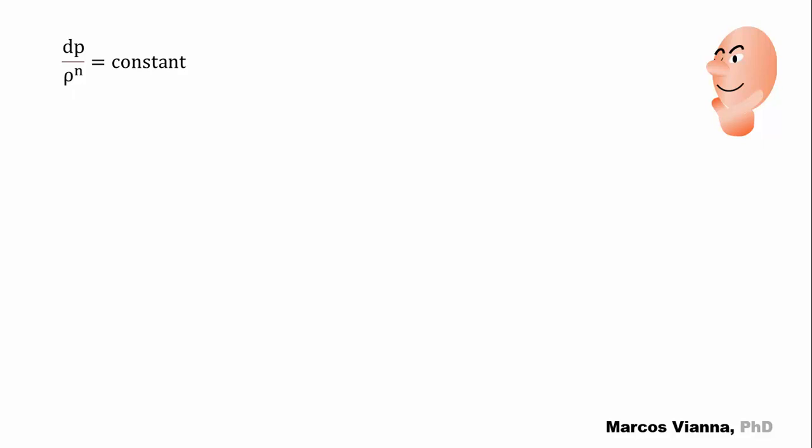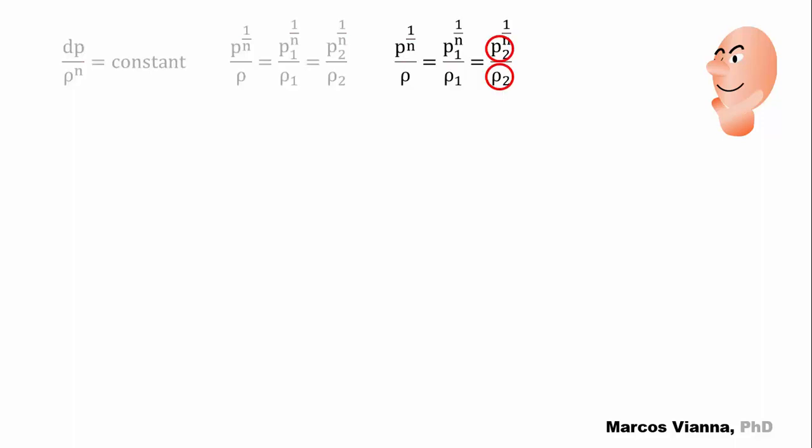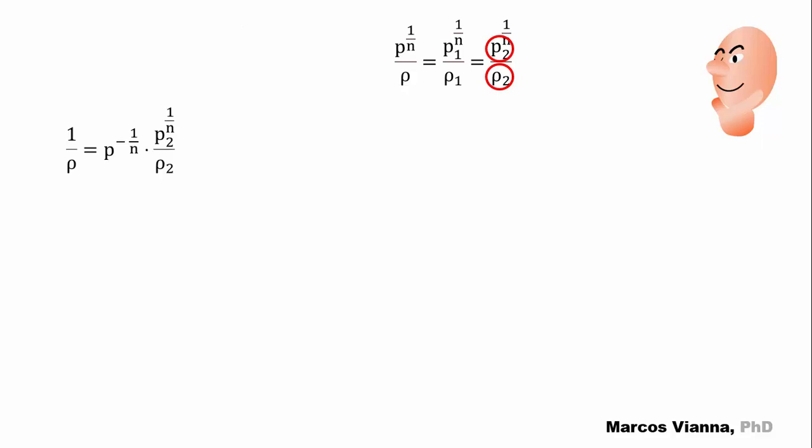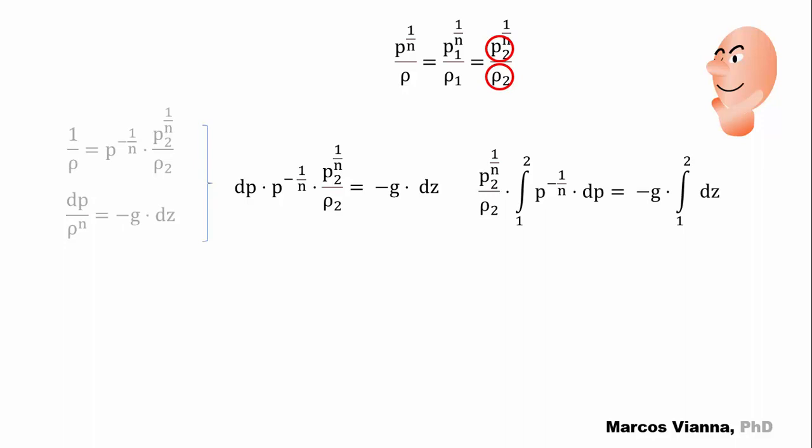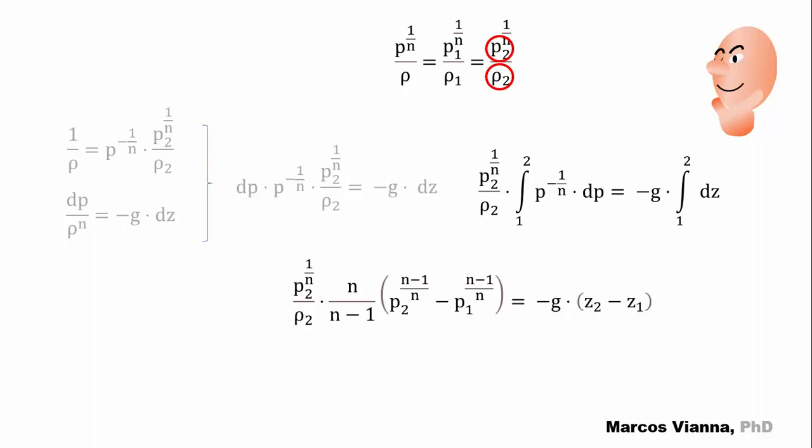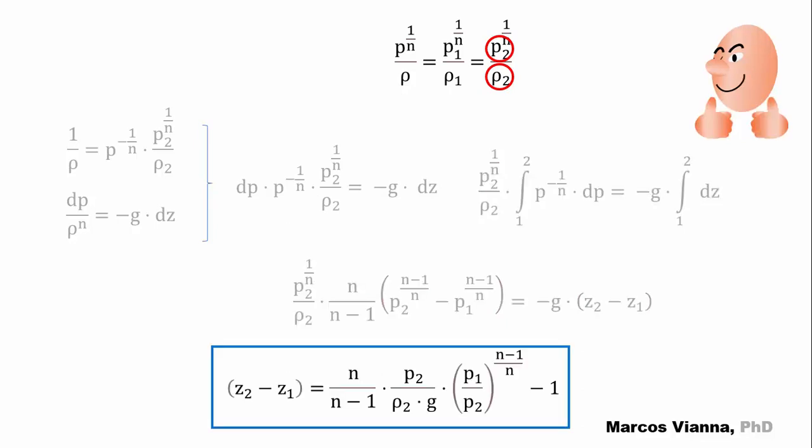From the equation P over ρ to n equals constant, we can write this. Let's assume that we know the values of P and ρ at point 2. In this case, we can write this expression. If we use it with the gas law, we can write this new expression. We can integrate it between 1 and 2, and this is the result of the integration. And this is the expression that we were looking for.